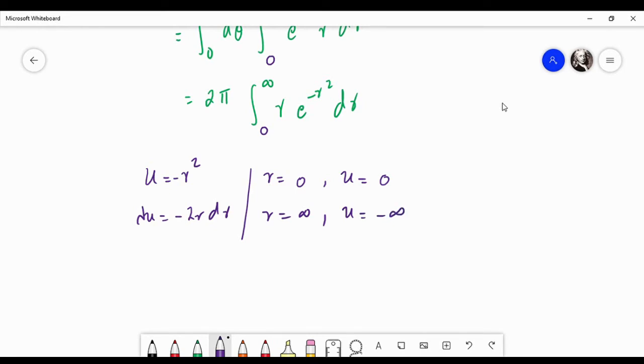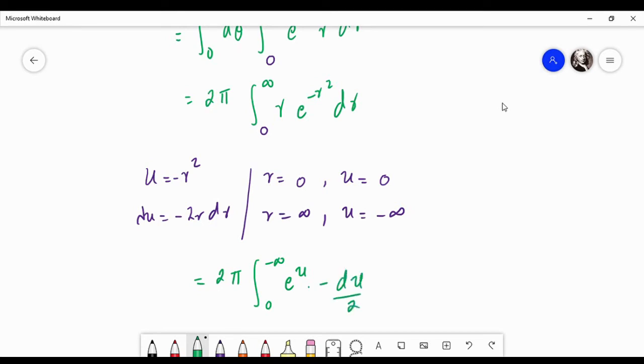Then our integral reduces to 2 pi times the integral from 0 to minus infinity of e to the u, with a minus du by 2.